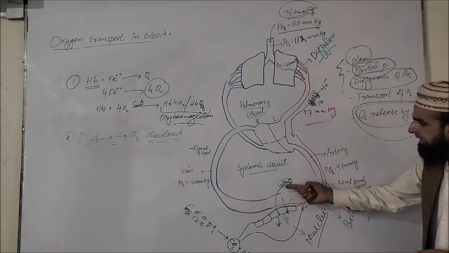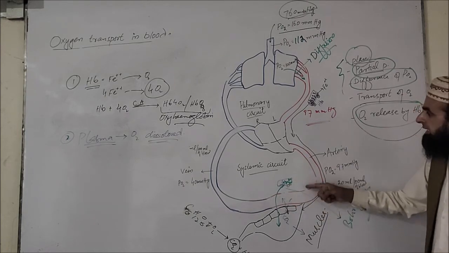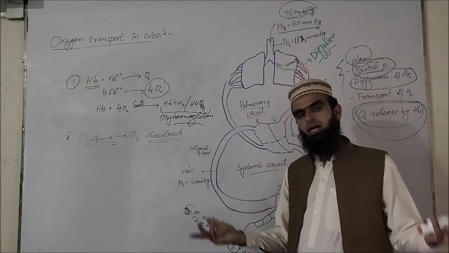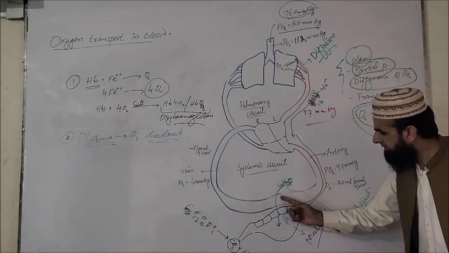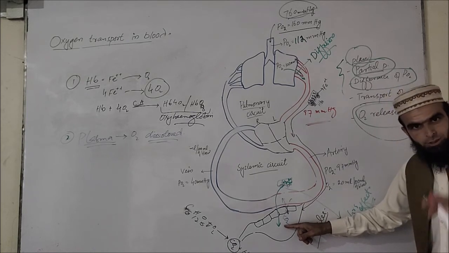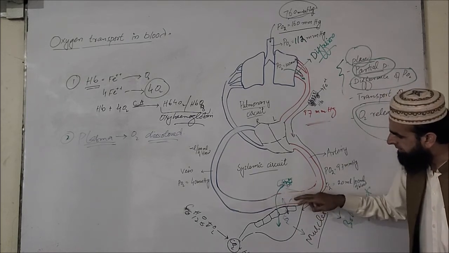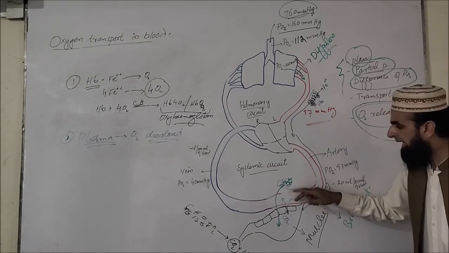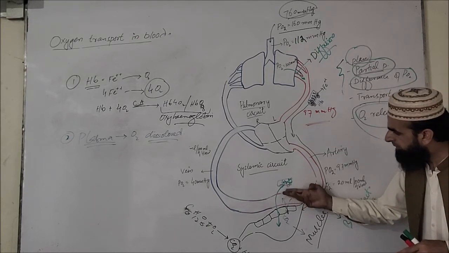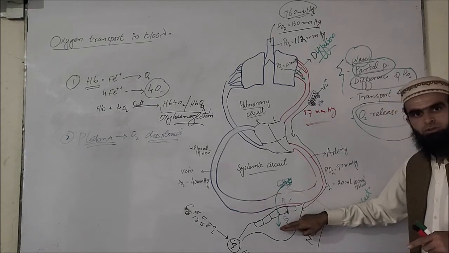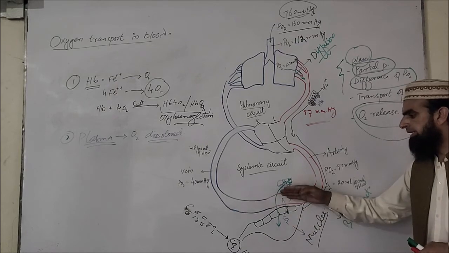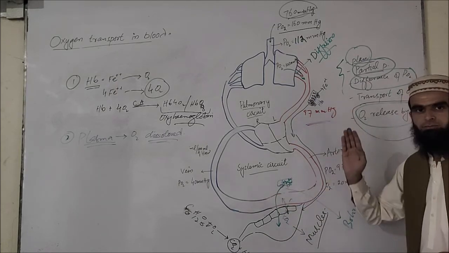The oxygen which has been taken up by the plasma in dissolved form, in high concentration here in the blood, is given to the tissues where the oxygen concentration is low. So in this way, the oxygen of plasma in dissolved form and the oxygen of hemoglobin in the form of oxyhemoglobin is given to the tissues, and in reverse, carbon dioxide is taken up and shifted.